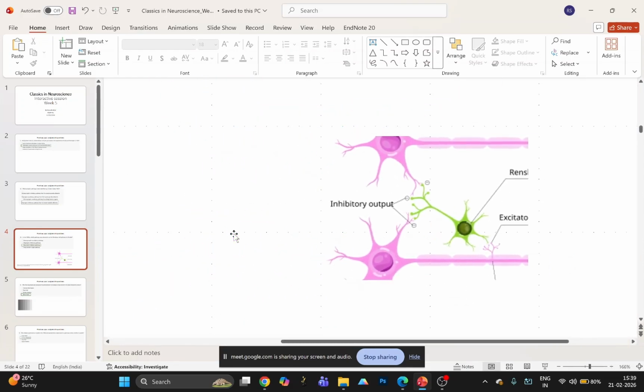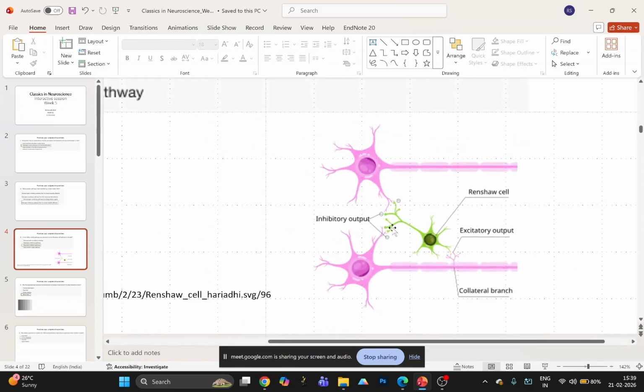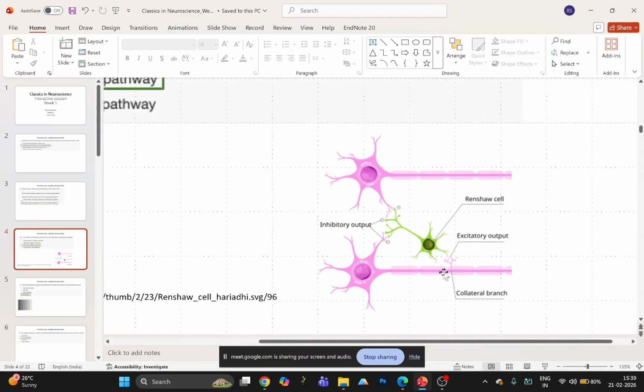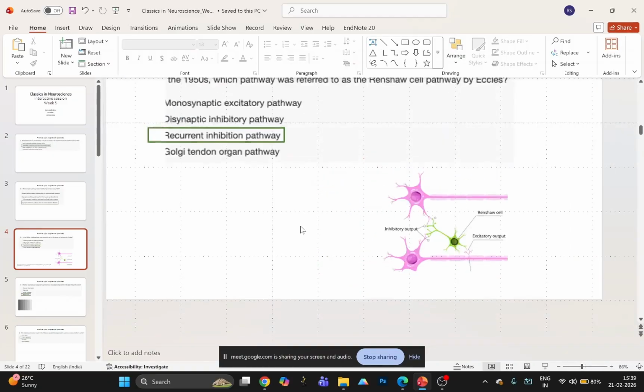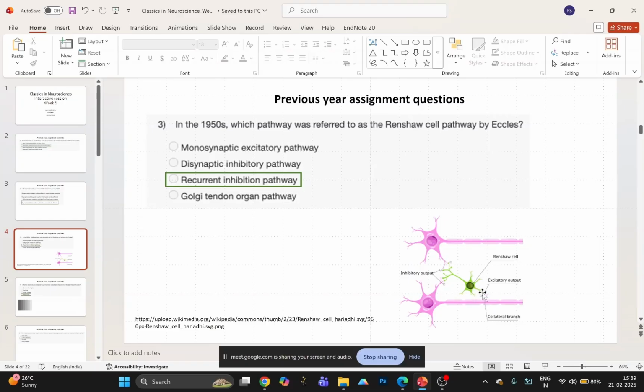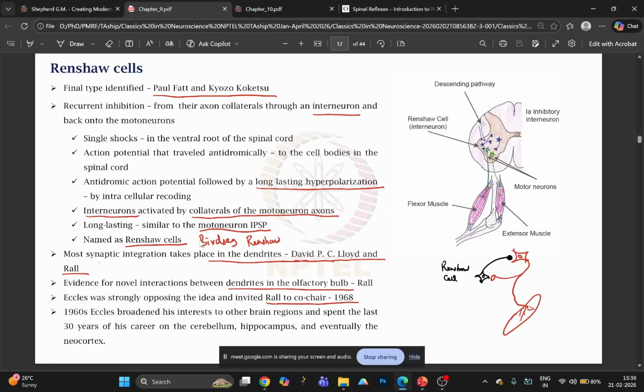Now, this kind of phenomenon that they observed, they called it the Renshaw cell pathway. And why did they call it the Renshaw cell pathway? That is because there was a young investigator called Birdsey Renshaw.